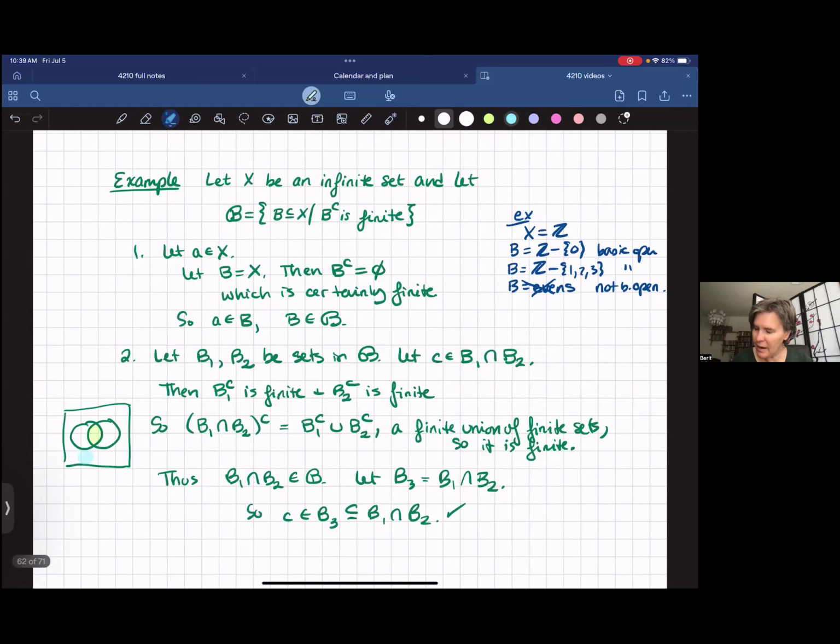B1 complement is everything that's outside of B1. So the blue is B1 complement. Now B2 is the one on the right, and everything outside of B2, this peachy color, is B2 complement.